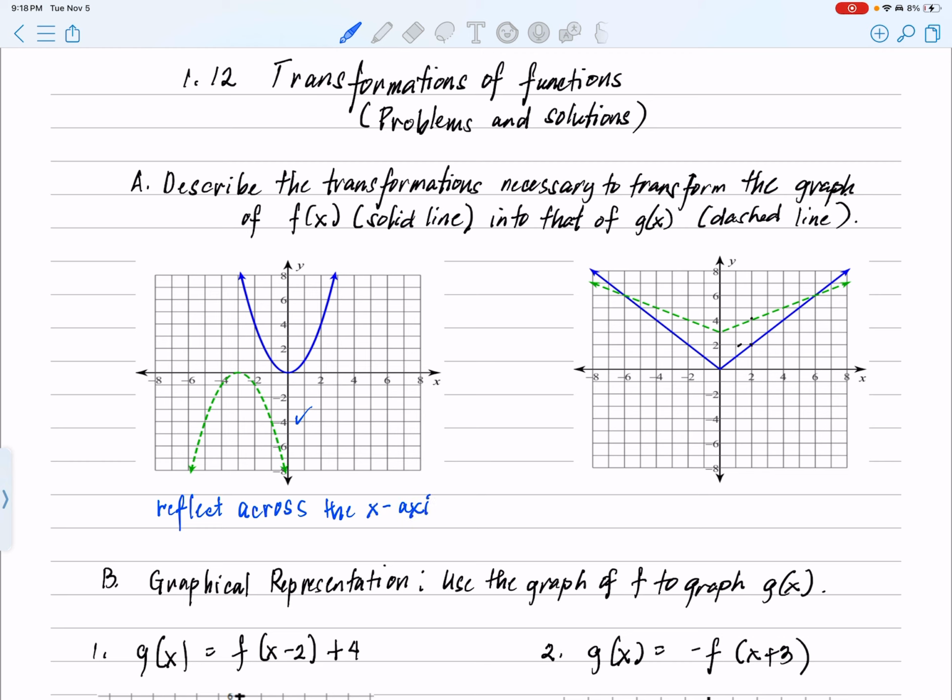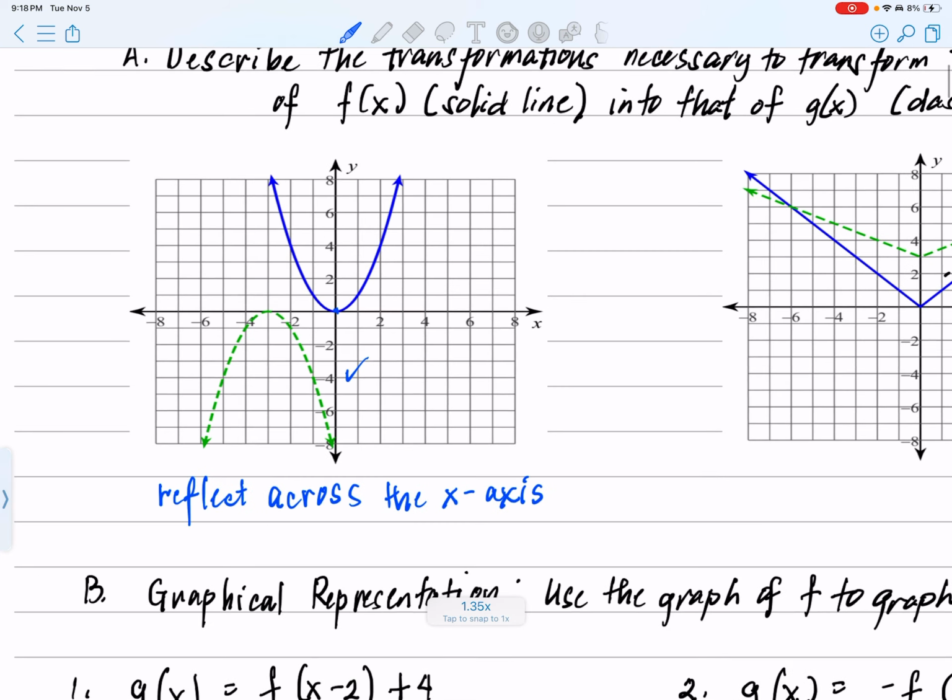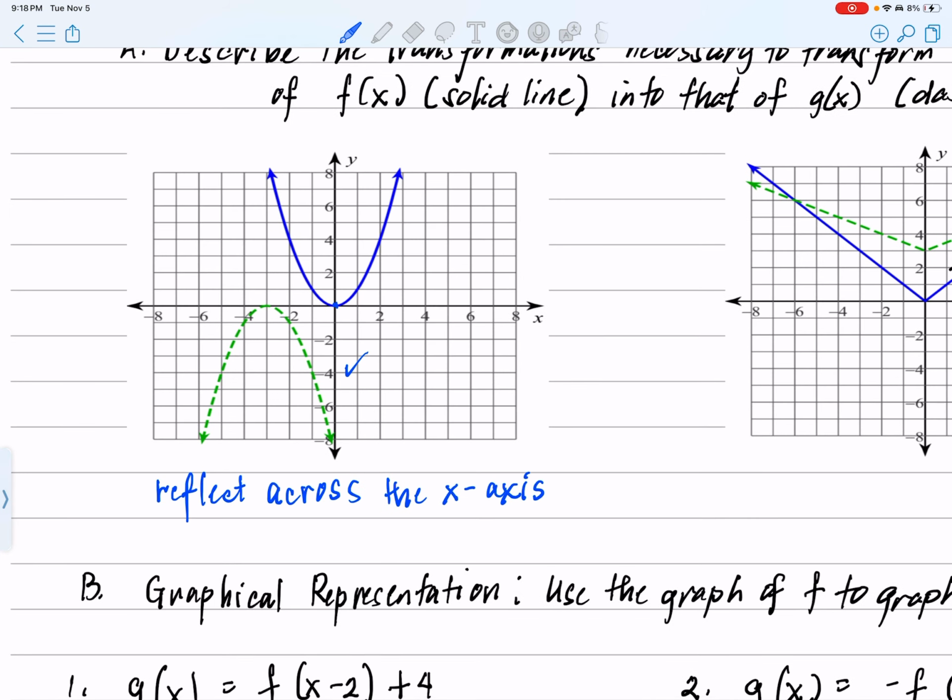After reflecting, this is the point where the 0, 0 is located, and it is now, I will blow this up, it is now at this point. That is from 1 to 3. From 0, 0, it moves 3 to the left.